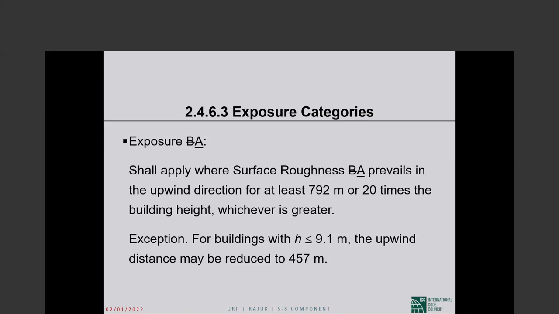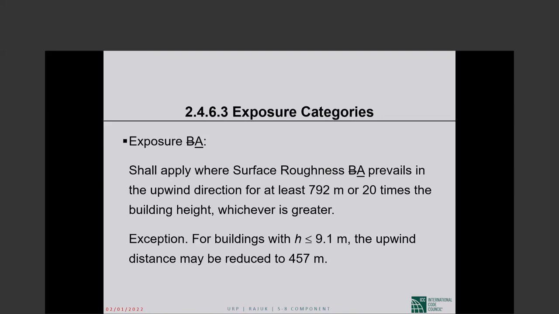Then exposure categories A, B, and C are defined in terms of those roughness categories and upwind distance. So exposure category A shall apply where surface roughness A prevails in the upwind direction for at least 792 meters or 20 times the building height, whichever is greater. There is an exception.